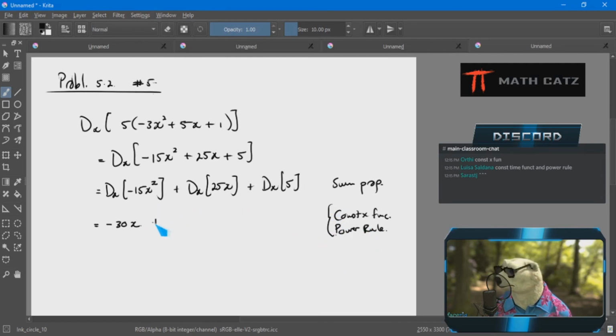Now we're going to do it again. Well, this is the power of 1 there, right? So it's 25 times 1, so it's just 25 for the second one. Same properties that we used. We used constant times a function to keep the 25 in front. The power rule is technically the one that says derivative of x is 1.